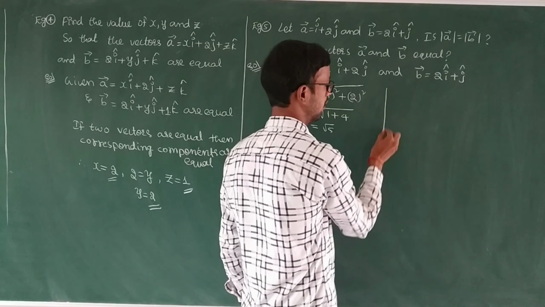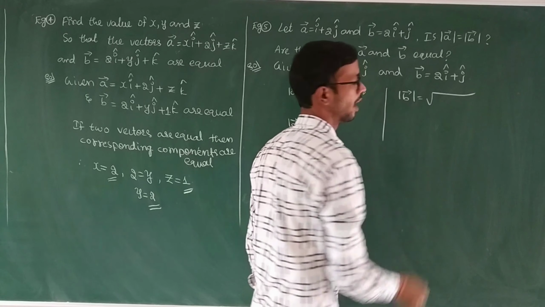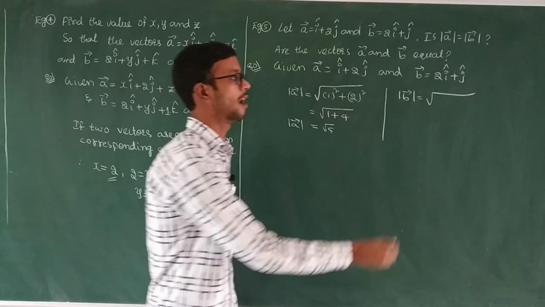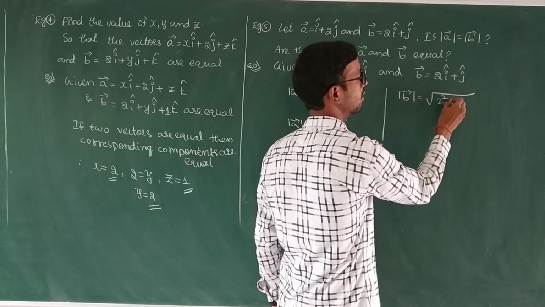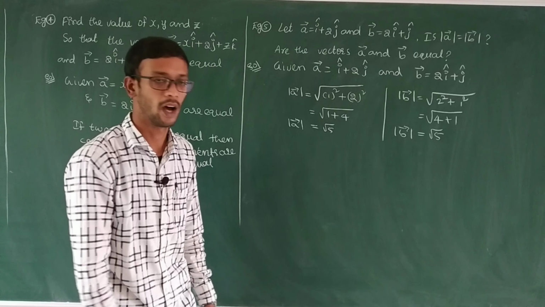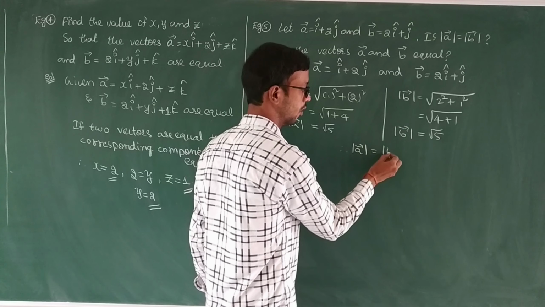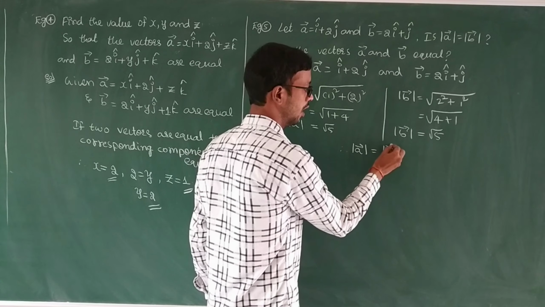Now in a similar way we find the magnitude of b bar: i component square, j component square. 4 plus 1 is root 5. Magnitude of a bar equals root 5, magnitude of b bar equals root 5. Therefore, magnitude of a bar equals magnitude of b bar.